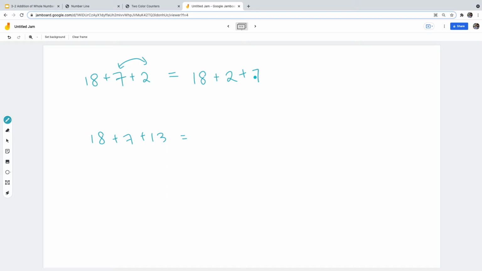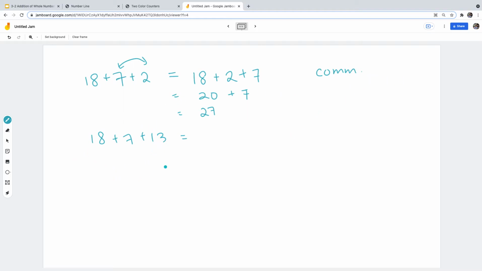So I switched the 7 and 2's order, which is still the same. What property is that? I switched them around. So yes, it is the commutative property, right? Then I can add these two together, which is 20, and I still have 7 there, which is 27. So, commutative property of addition.